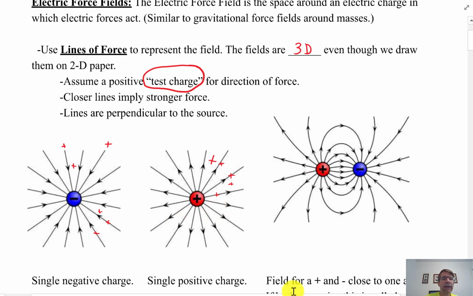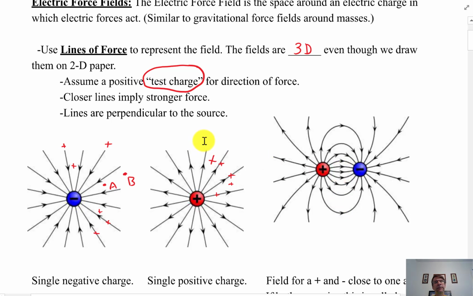So, for example, go back to this one on the far left. If I call this location B and this location A, location A has a stronger field than location B, because the lines are getting further apart at B. And the closer I get to that negative charge, the stronger the field. Same thing for the plus charge. Over here for the dipole, the strongest part of the field is right here between the two charges. And that makes some common sense.